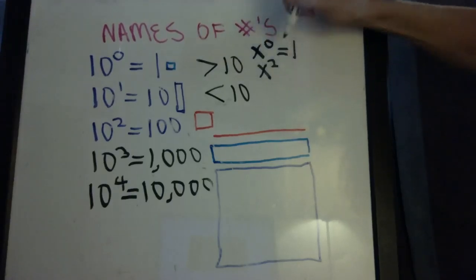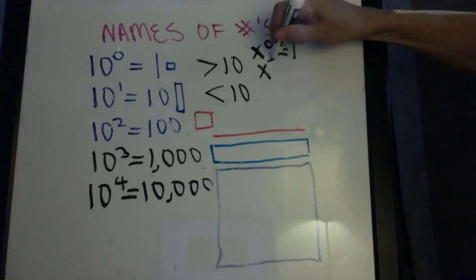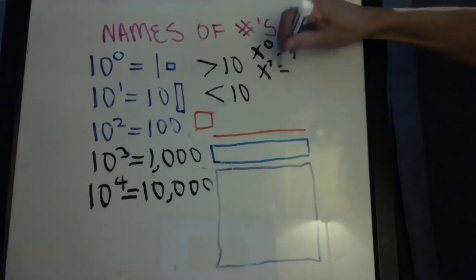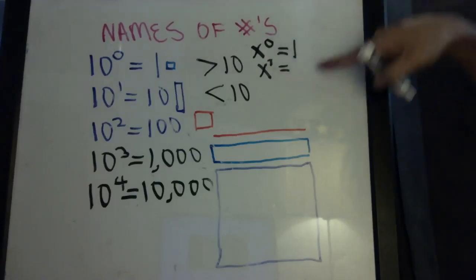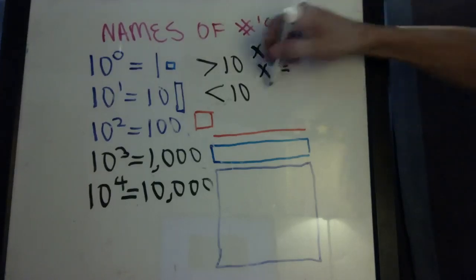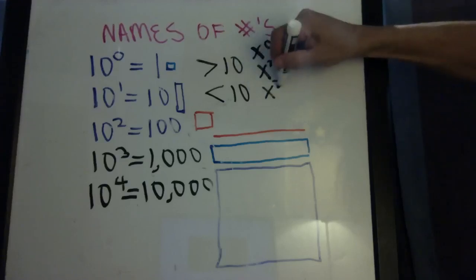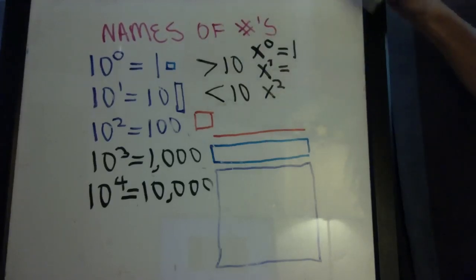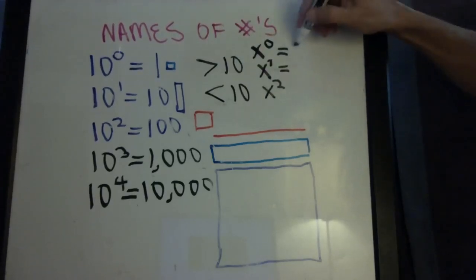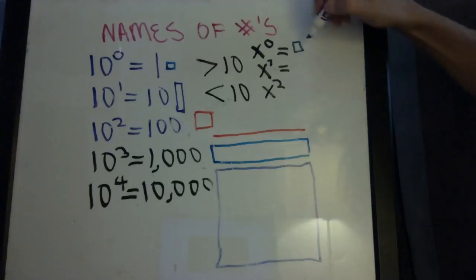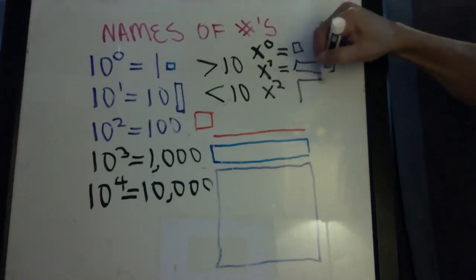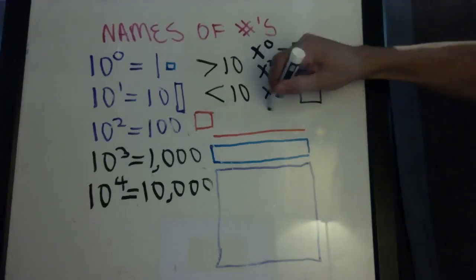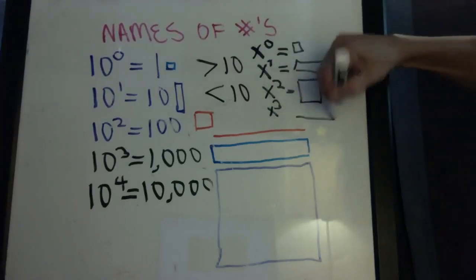After that, we don't know. X to the 1 first is, right? We don't know. If it's equal to what? Whatever the number is. X squared. Right? So here, instead of doing that, I'm going to say this is square, rectangle, square, rectangle.